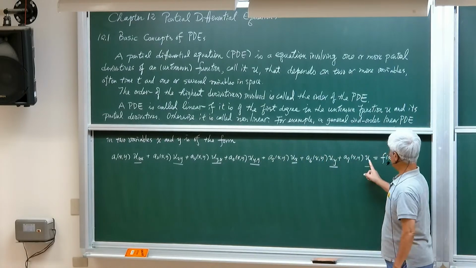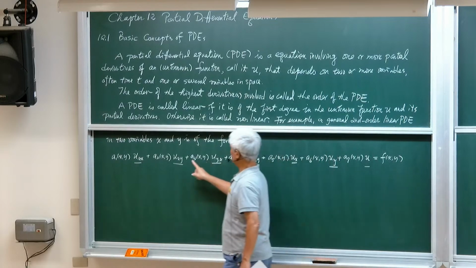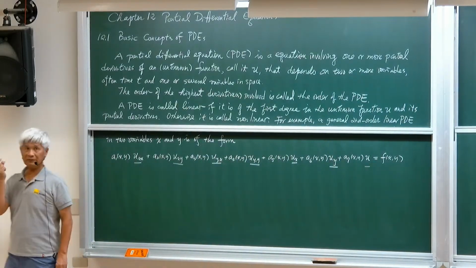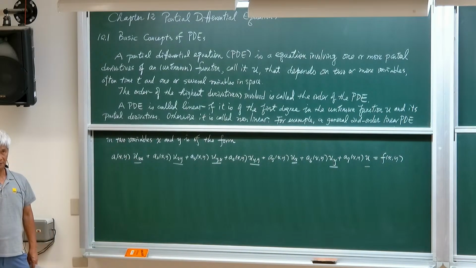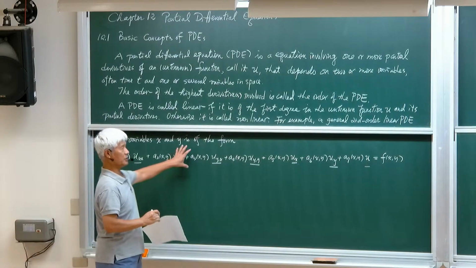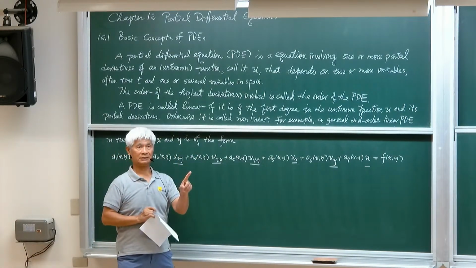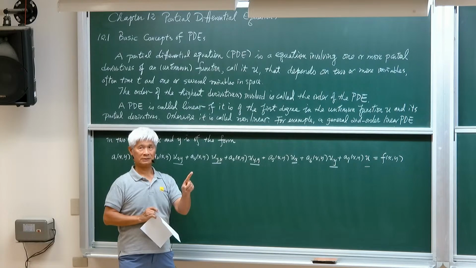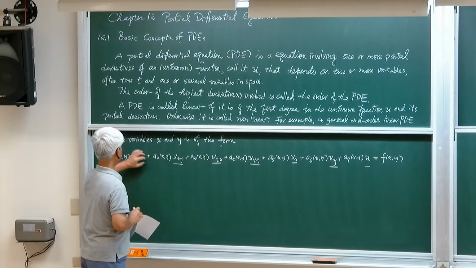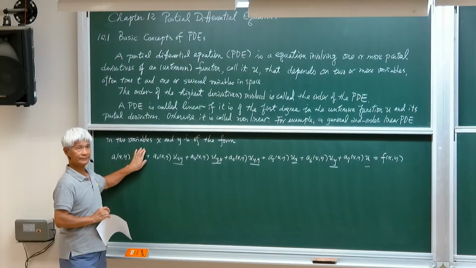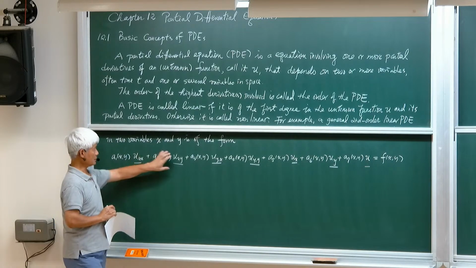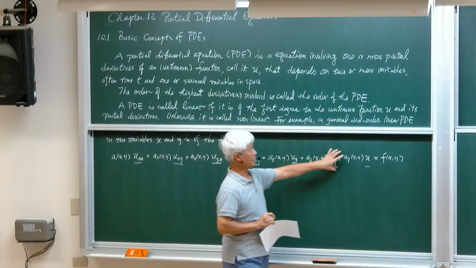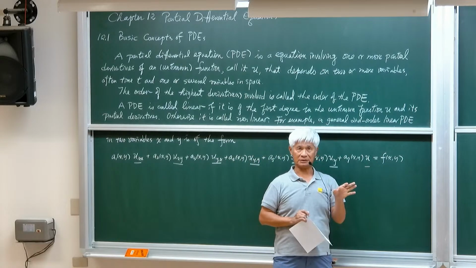And you can see 1, 2, 3, 4, 5, 6, 7. This is 7 functions that appear in this equation in the first degree, because each is a function of x and y. So we have 7 functions.